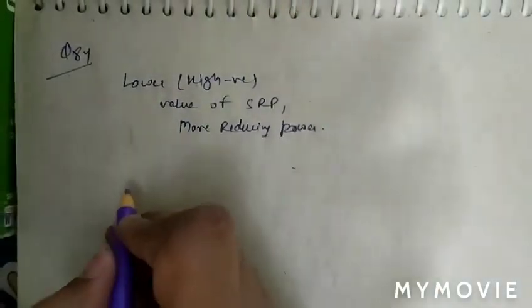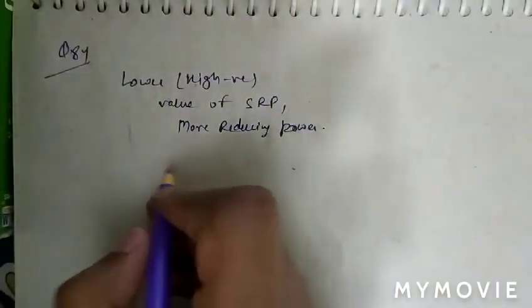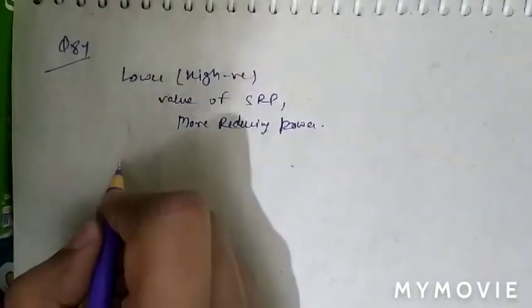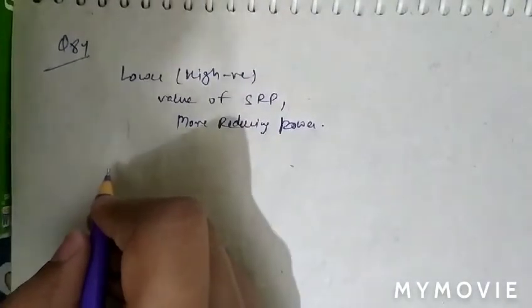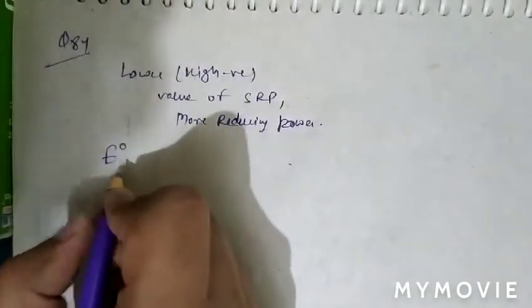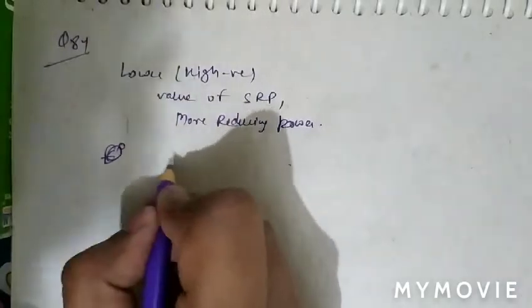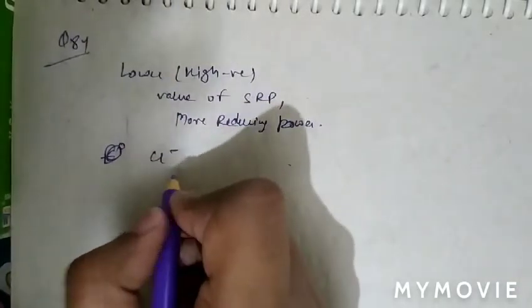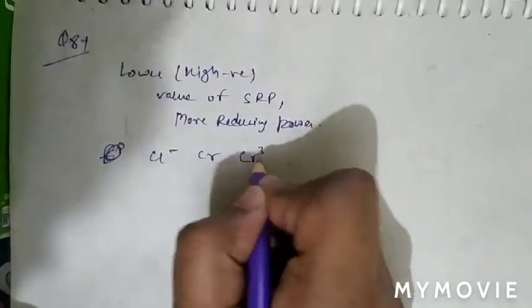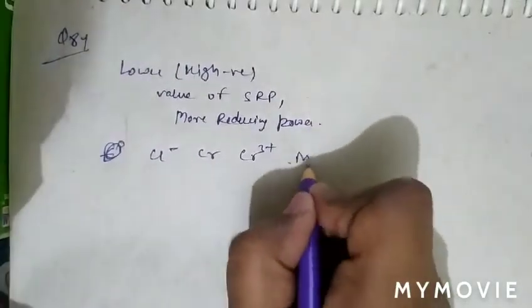So see all these options. As per options, the values are 1.36 for Cl minus, then Cr, then Cr3 plus, and then Mn2 plus.